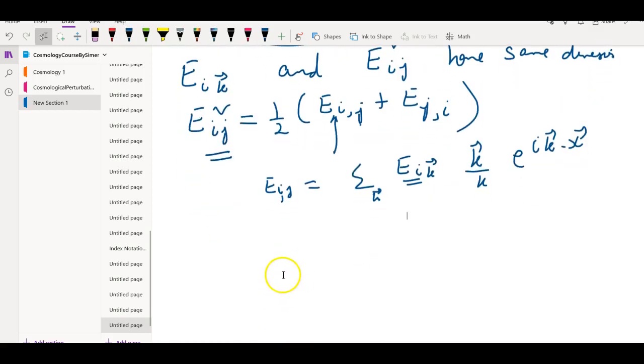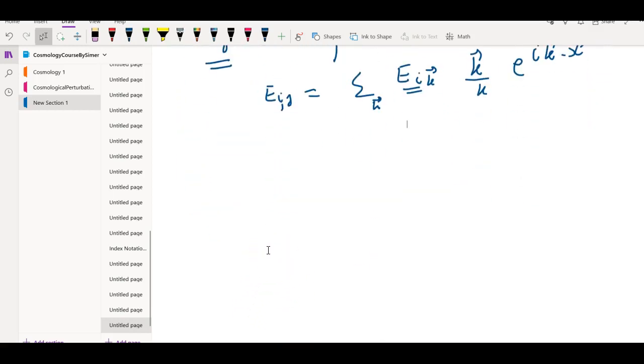Now let us see how we can do the same for the scalar. How is the scalar achieved? The scalar is achieved by differentiating scalar E twice, which gives the same dimension as Eij.